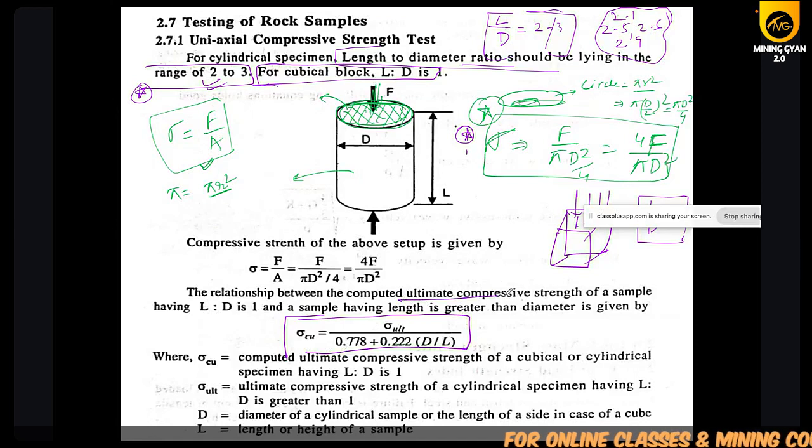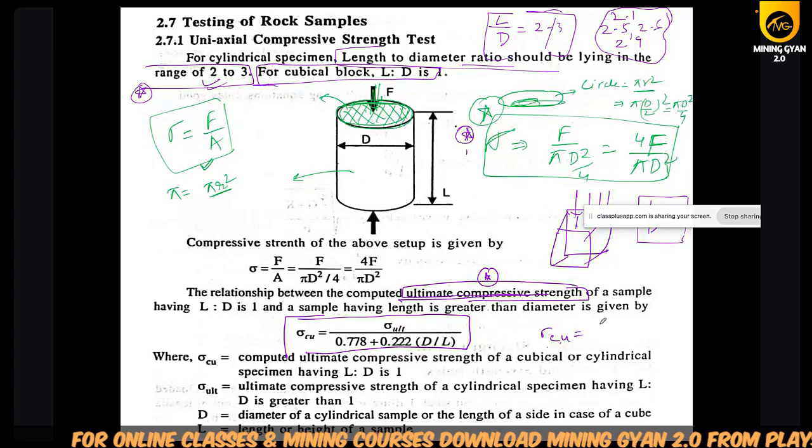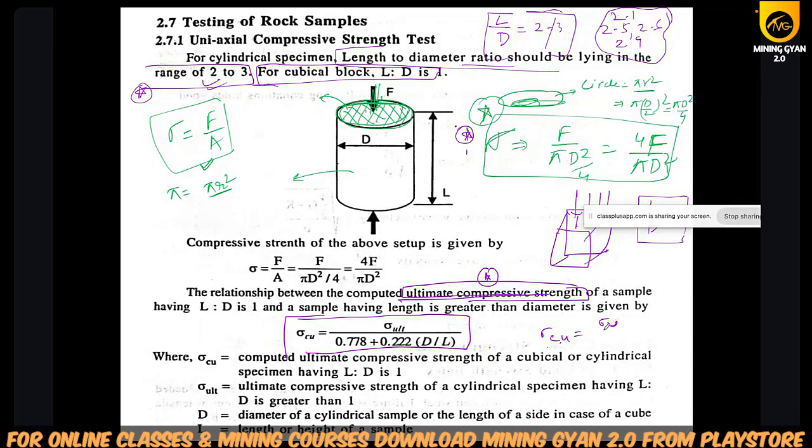So if he will ask you in the question to find out the ultimate compressive strength, then you should remember that ultimate compressive strength will be sigma u divided by 0.778 plus 0.222 D by C.